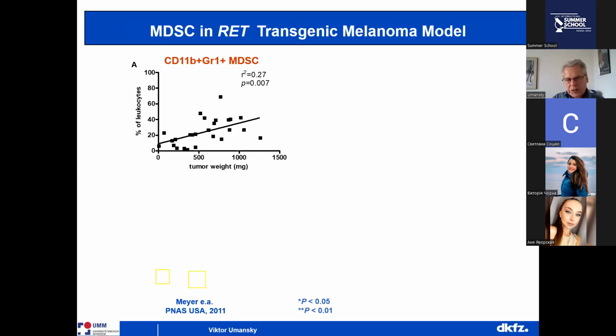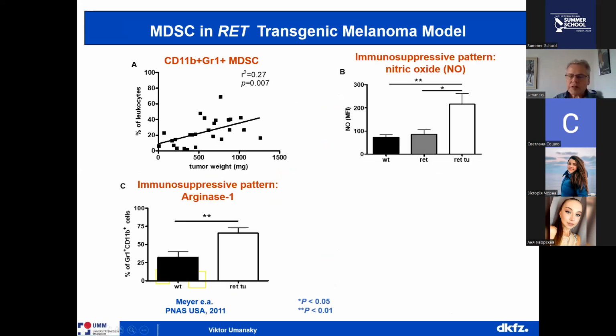What about MDSC? What we found is that there is a constant accumulation of CD11b Gr1 double positive myeloid-derived suppressor cells, which are characterized by the production of immunosuppressive factors, like nitric oxide or overexpression of arginase 1.